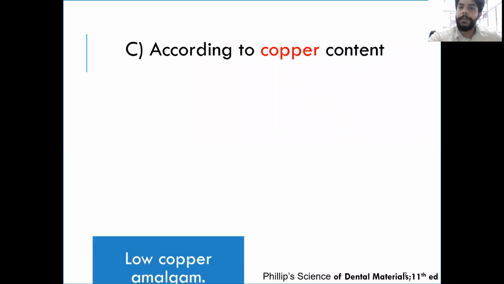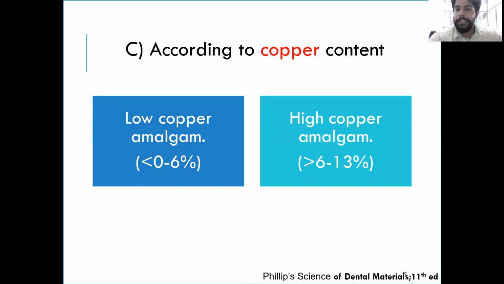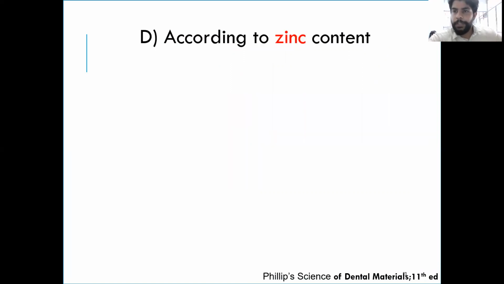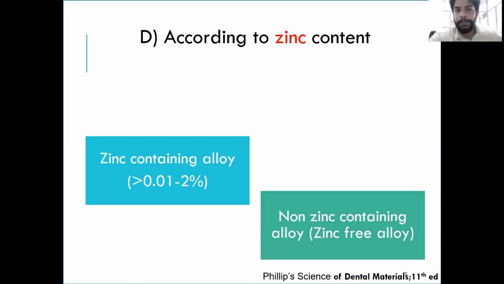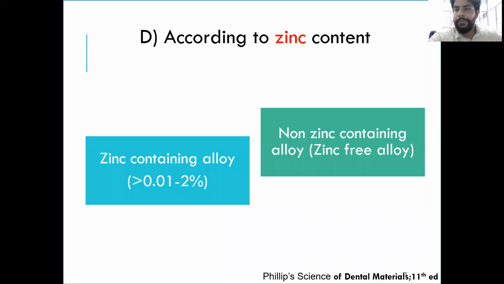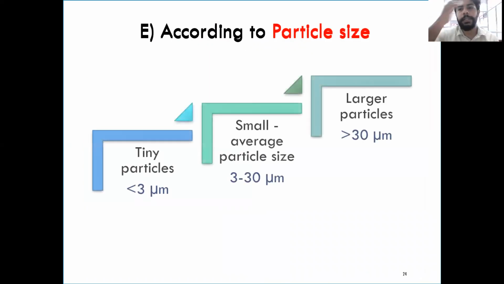According to the copper content, amalgam is classified as low copper amalgam, which consists of less than 6% copper, and high copper amalgam, where there is 6 to 13% copper content. According to the zinc content, amalgam can be classified as zinc containing alloy, where there is greater than 0.01 to 2% zinc, or non-zinc containing alloy, which is a zinc-free alloy. According to the particle size, this is the classification for amalgam.